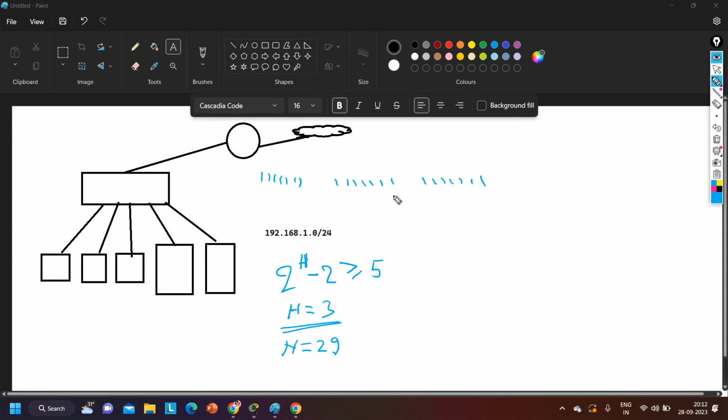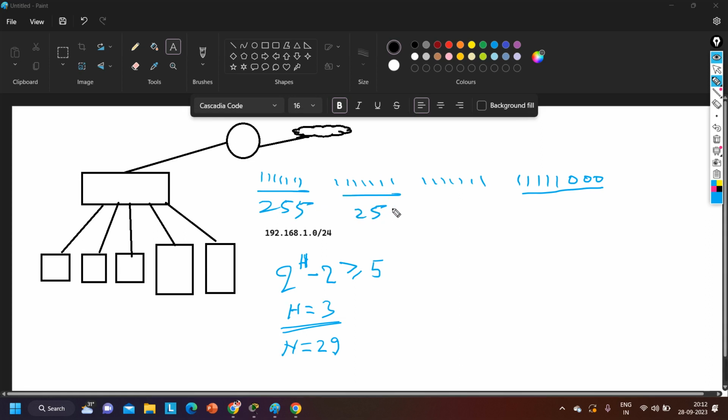This is 24, 25, 26, 27, 28, 29, right? And the last 3 bits are 0. So this is the fourth octet.